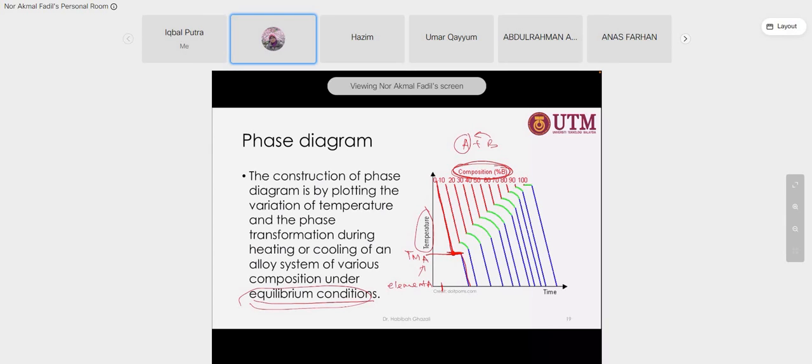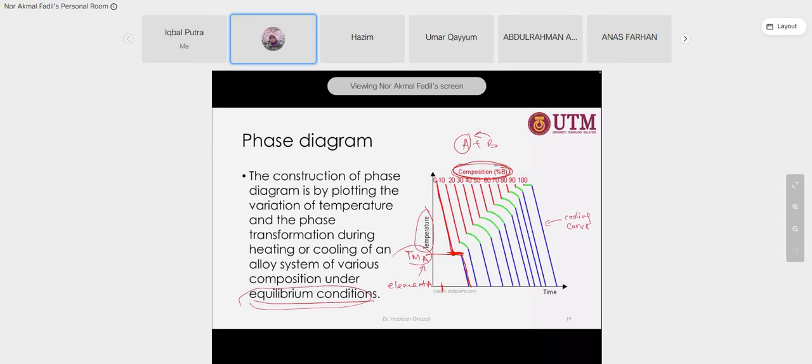So this is the cooling curve. The cooling curve will show the behavior of a pure metal cooling curve.